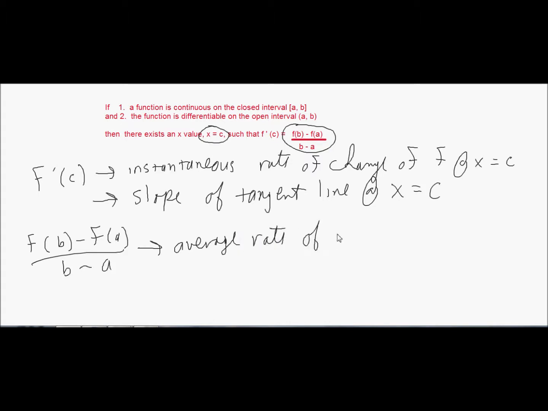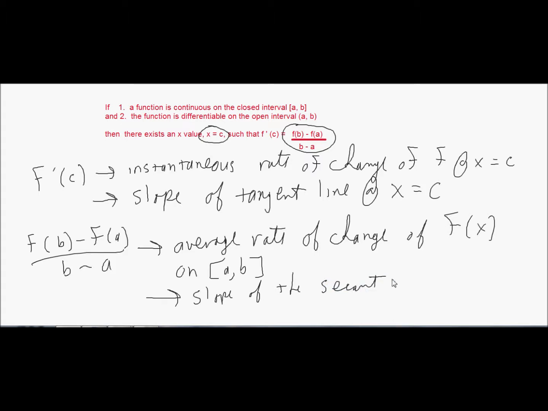Average rate of change of f of x on the interval a to b. And in terms of slope, we can think of that as the slope of the secant line of f of x on a to b.